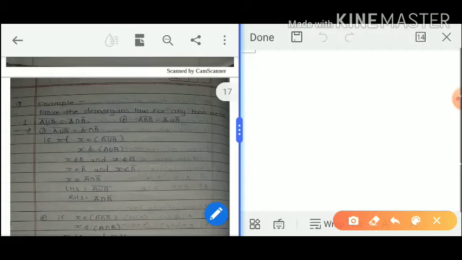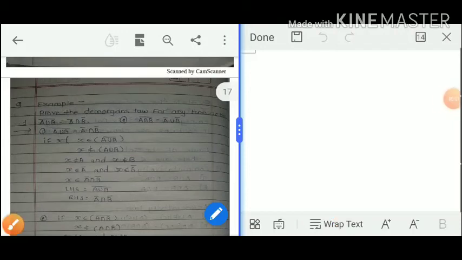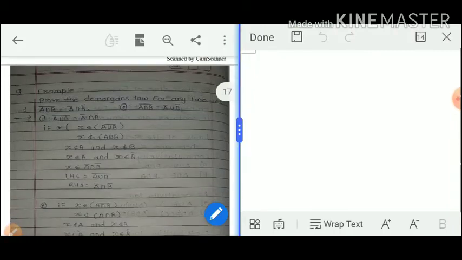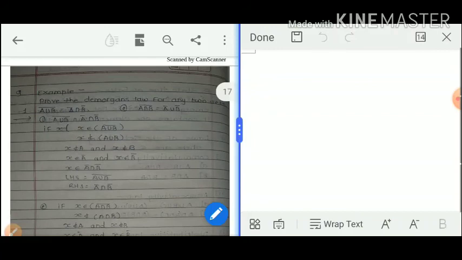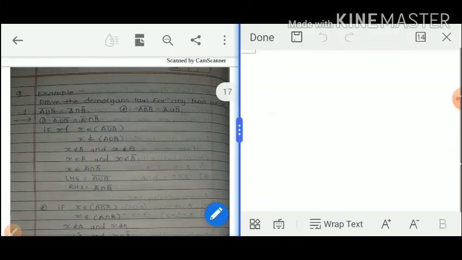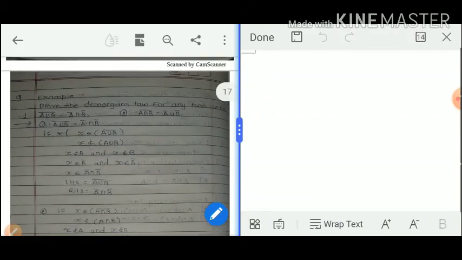It may also ask about association or idempotence, so you need to remember every statement of every law.